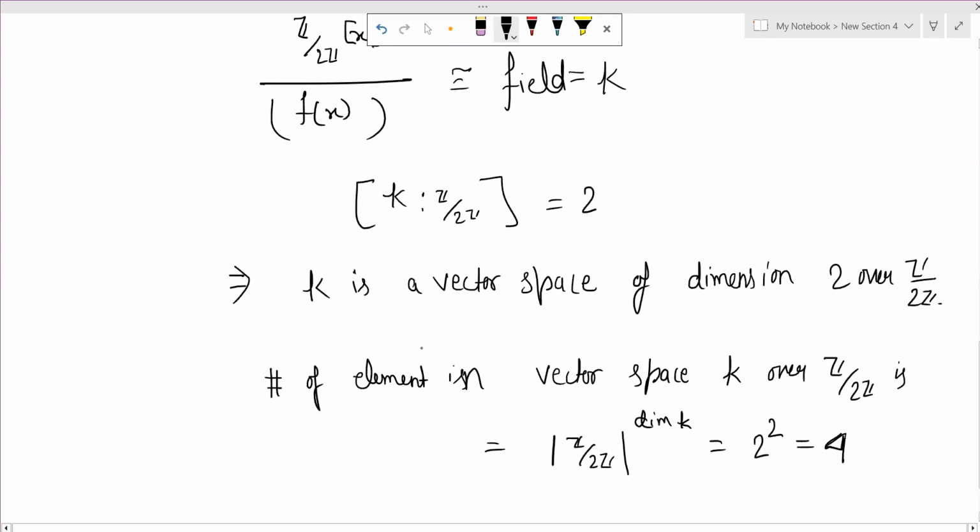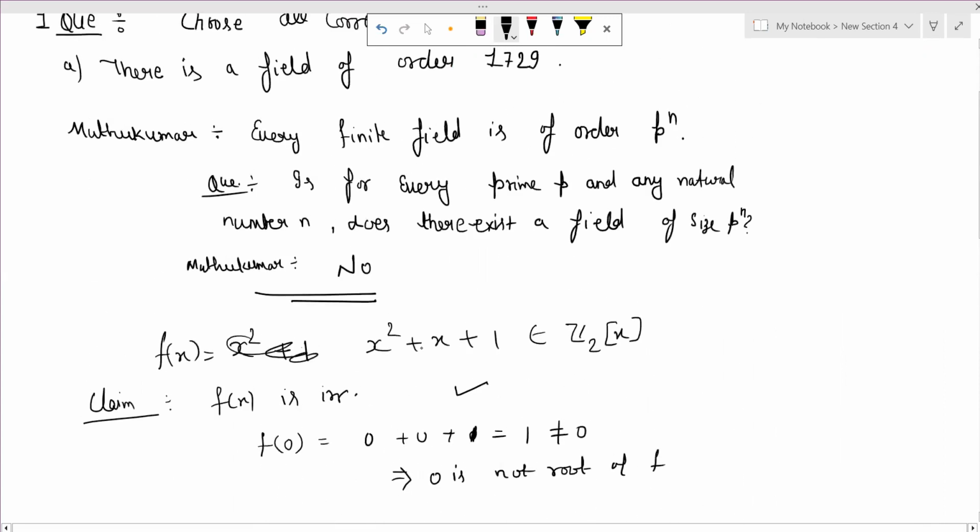So agreed, Muthukumar, I gave you a field of size 4. Now tell me, is the statement you are saying incorrect? Is this true or not? I asked you for cardinality, and I gave you an example of a field of size 4. Can you now see whether this is true?